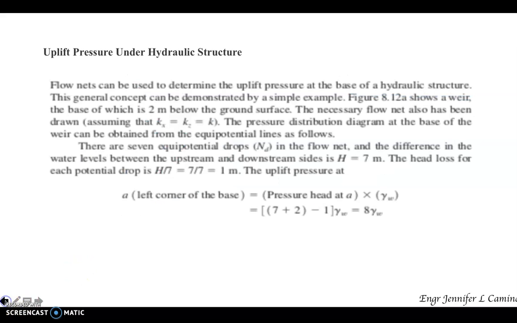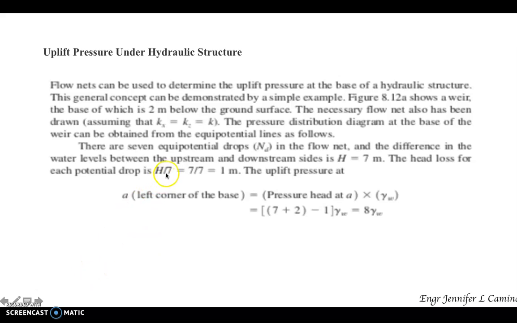We have identified that the difference in elevation between the upstream side and the downstream side is 7. And of course, the head loss for each equipotential drop is H over 7, so that is 7 over 7, which gives us 1.